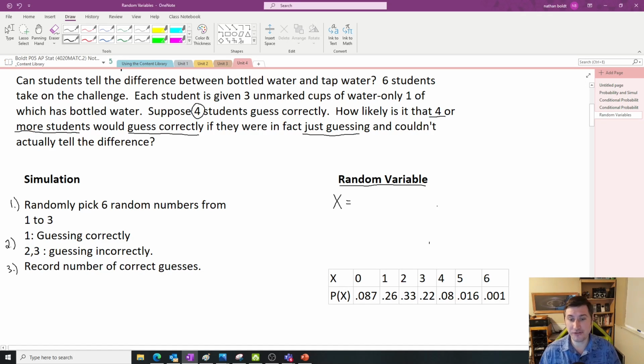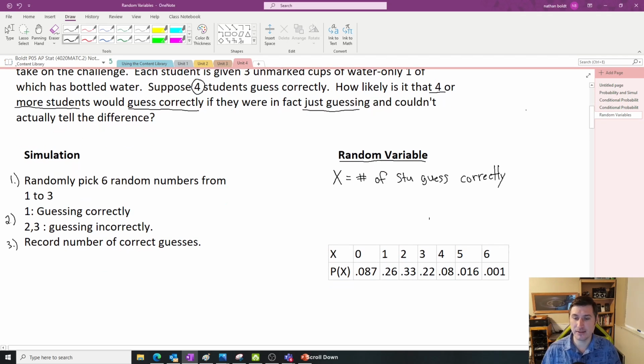And we're going to say, all right, we're going to define our random variable as the number of students who guess correctly. And then we can use probability to figure out how likely is it that many students would guess correctly.